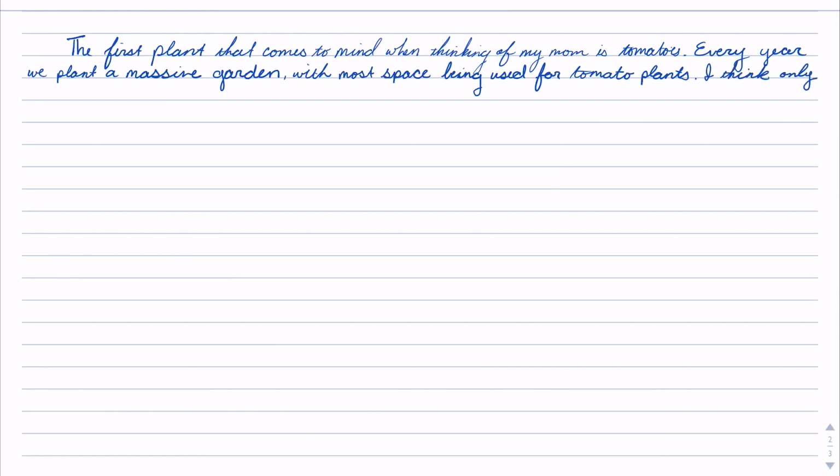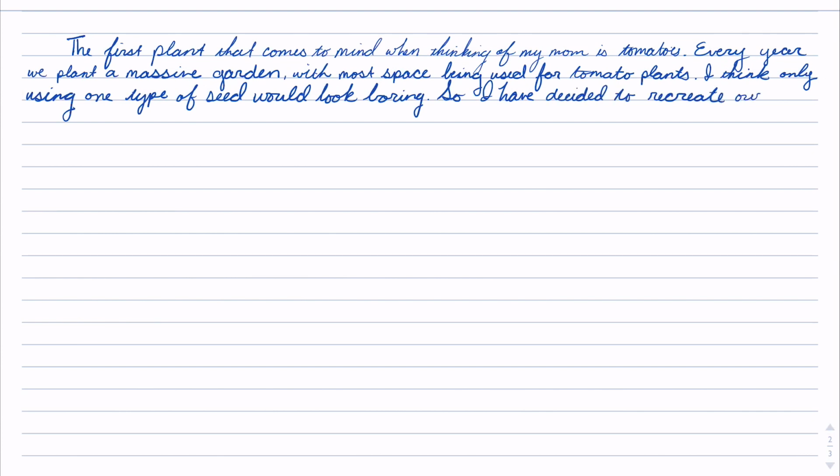I think using only one type of seed for a portrait would look boring. So, I have decided to actually recreate our garden in her portrait. We tend to refer to our garden as a quote-unquote salsa garden.